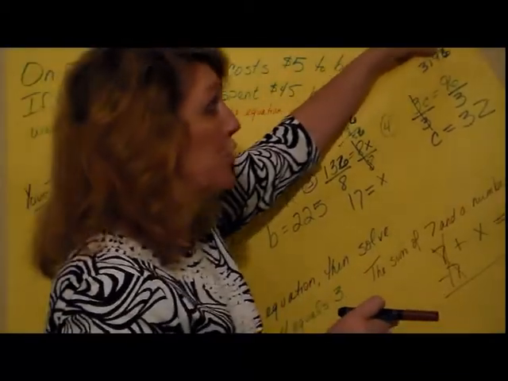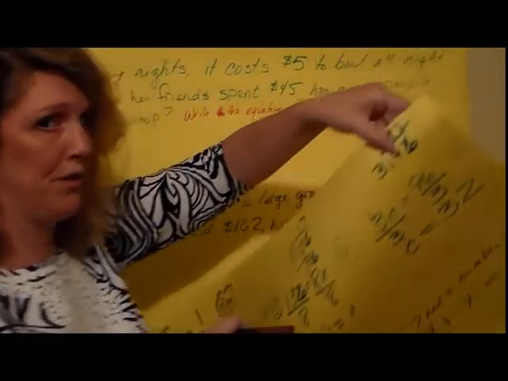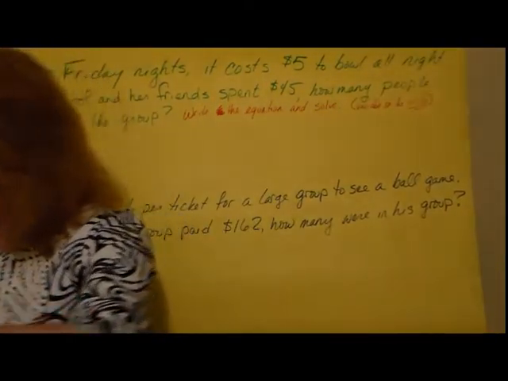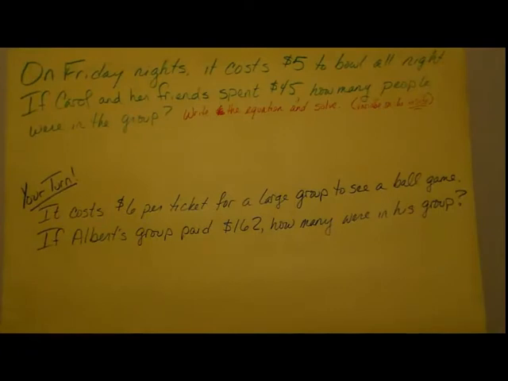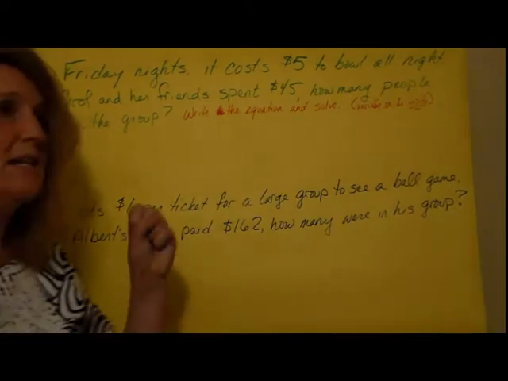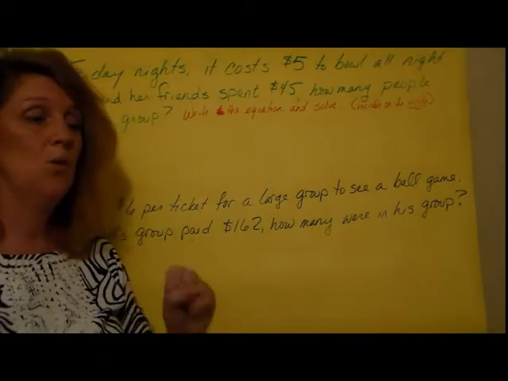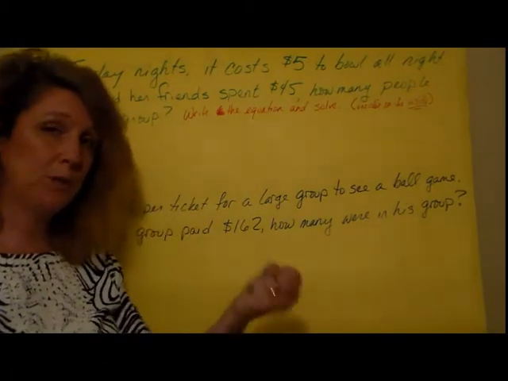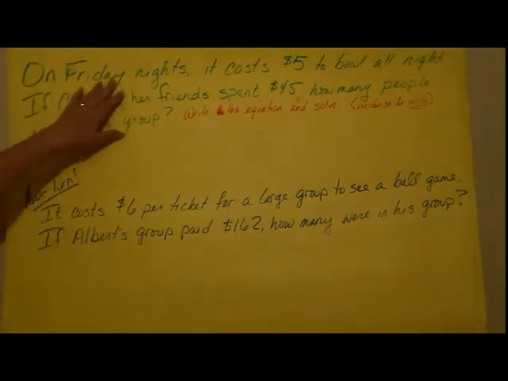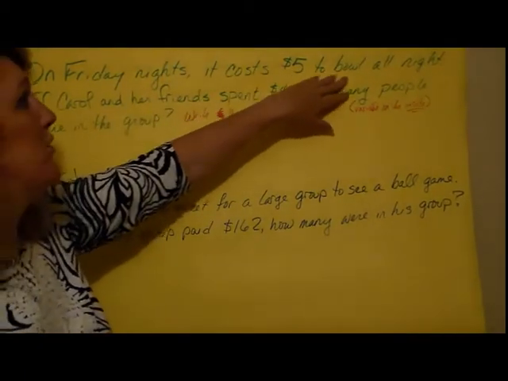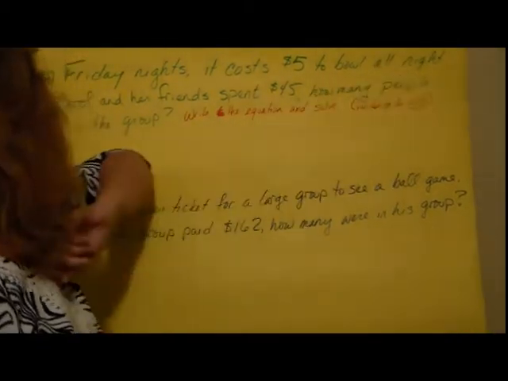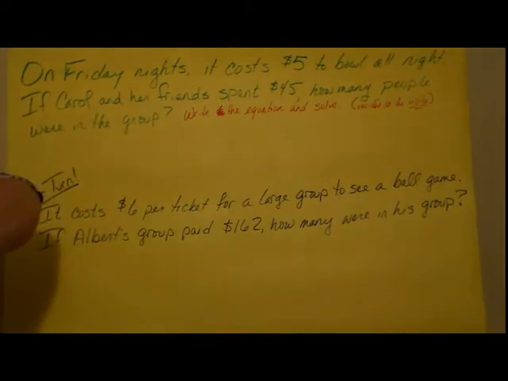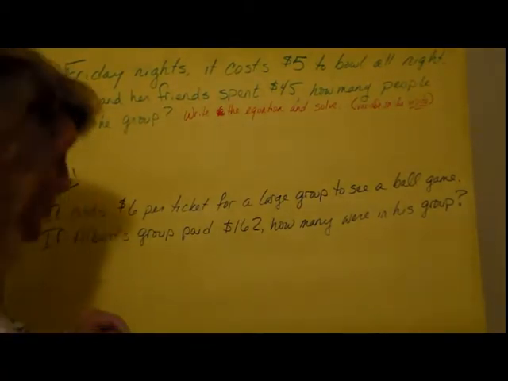I'm going to jump into word problems, and then we're going to practice both at the end, okay? So, word problems. What do word problems look like when we're trying to write an equation with a variable multiplied by a number? On Friday nights, it costs $5 to bowl all night. If Carol and her friends spent $45, how many people were in the group?